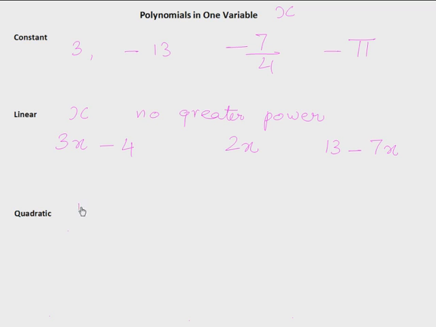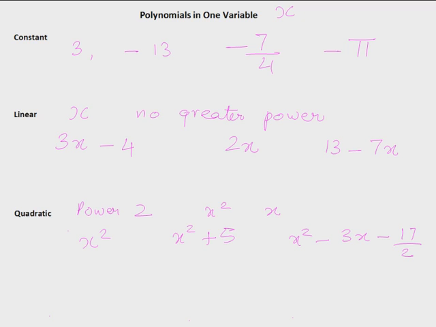Quadratic means power 2. So you are allowed powers 2 and 1. So you can use things like x square and x. So typically x square is a quadratic polynomial, or x square plus 5, or x square minus 3x minus 17 by 2. They are allowed powers up to 2. So power 1 and 2, and of course constant terms.